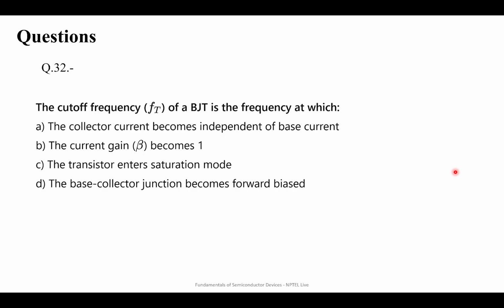The cutoff frequency ft of a BJT is the frequency at which the collector current becomes independent of base current. The current gain becomes 1. The transistor enters saturation mode. The base collector junction becomes forward biased.